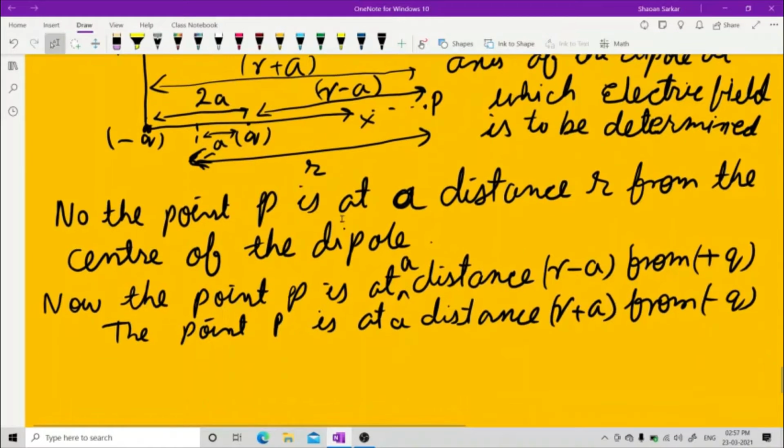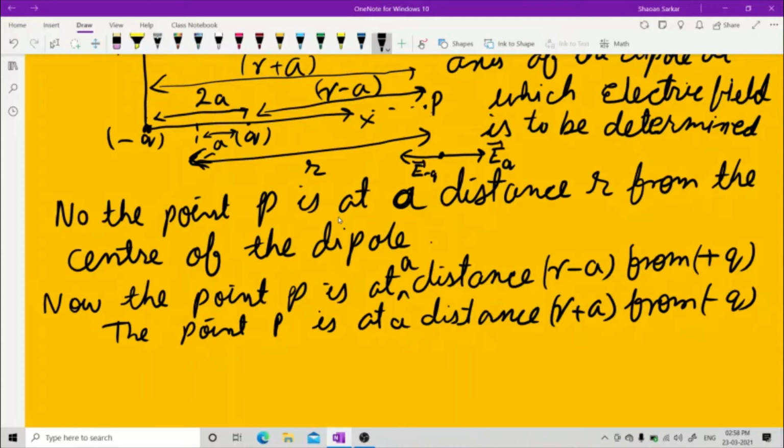Now the electric field at this point due to the plus charge would be in this direction, and for the minus charge the electric field will be in this direction.